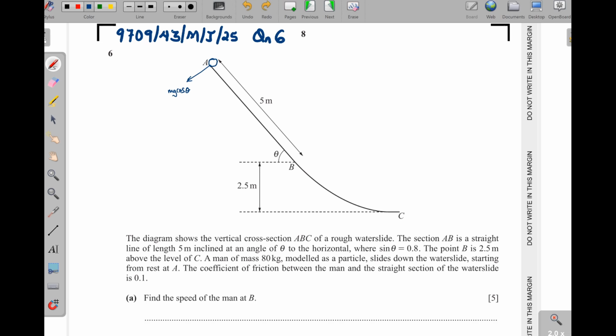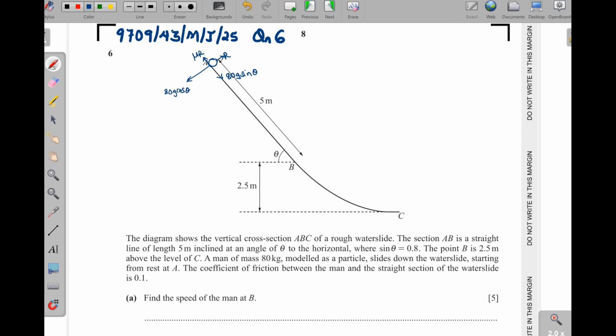Instead of writing m, I can just write 80, because his mass is 80 kilograms. So this other one here, we shall also put 80g sine of theta. There will be frictional force that acts in the opposite direction. There will be this R here, because the particle is on the plane.